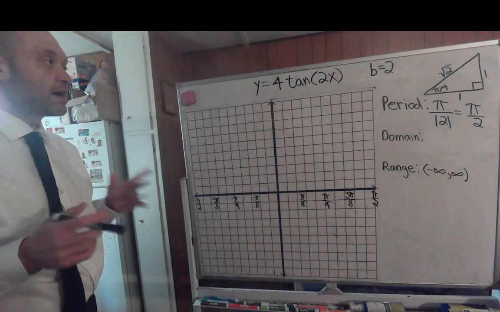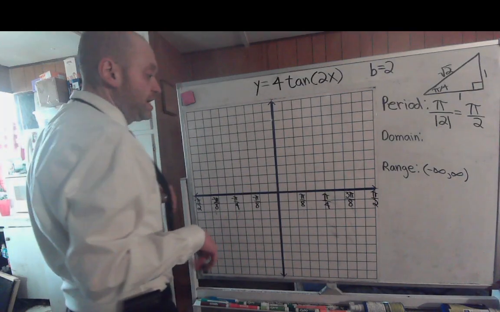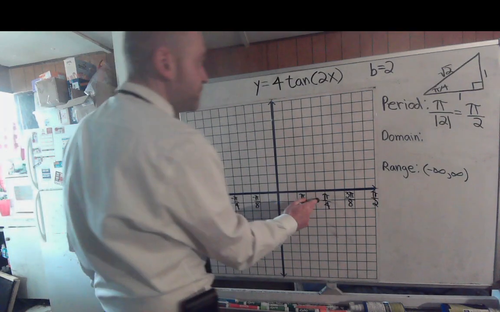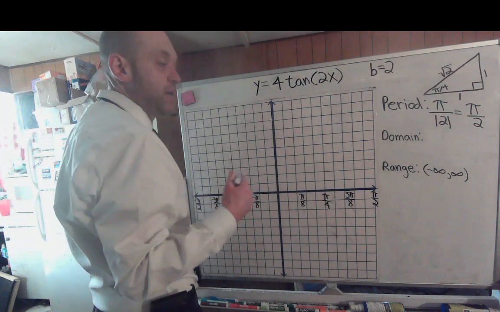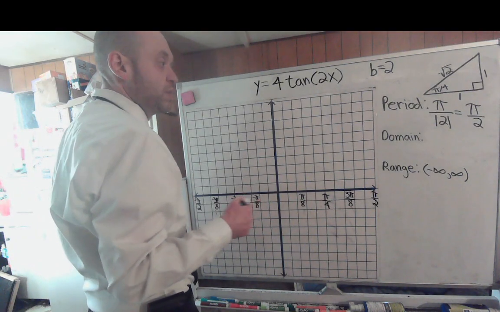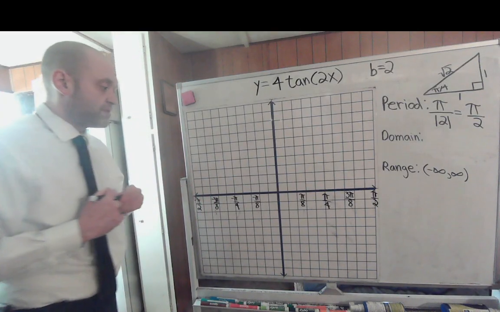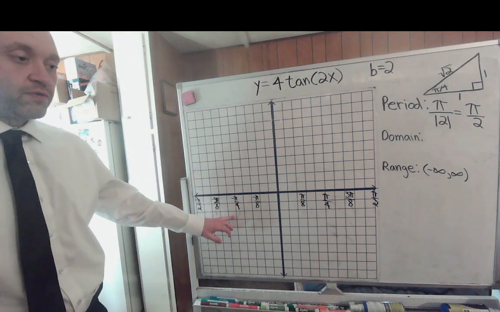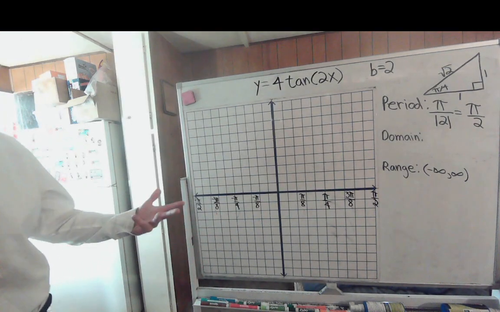Now let's figure out our domain. If we put in pi over 4, you get 2 times pi over 4, which gives you the tangent of pi over 2, which we know to be undefined, right? And then if we do the same thing at negative pi over 4, that would give you negative 1 over 0, which is also undefined.